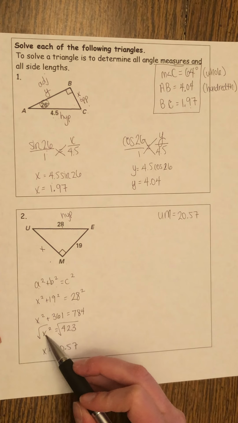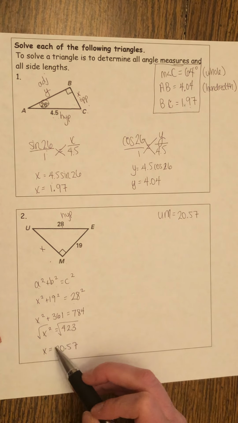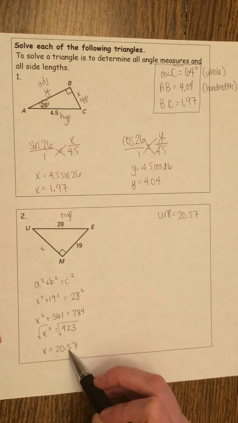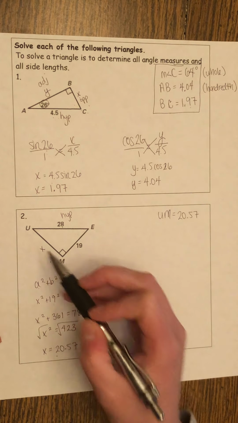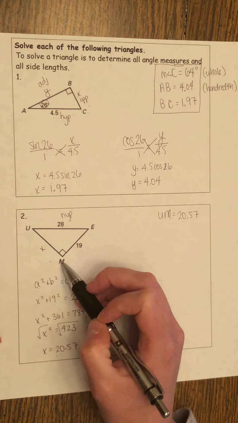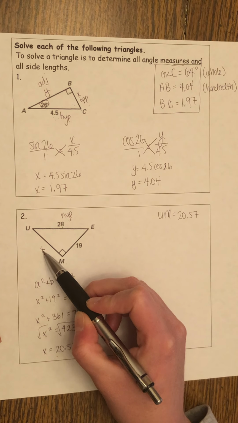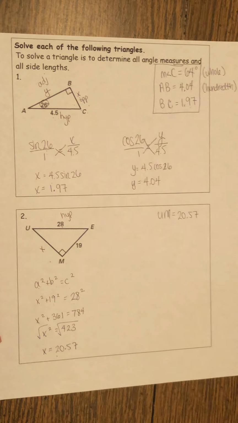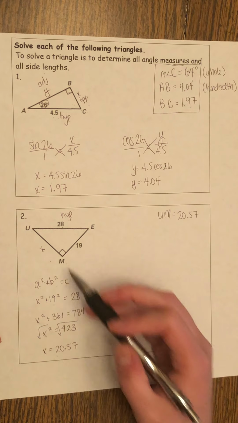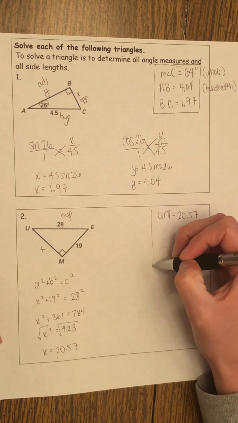So technically, yes, in this equation, we would get plus or minus 20.57, but this value can't be negative 20.57. So I'm kind of just nixing that negative value because I know it can't be a negative side length. So that takes care of the one missing side.